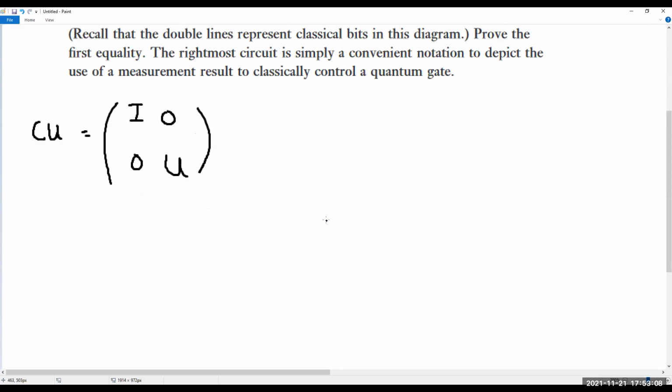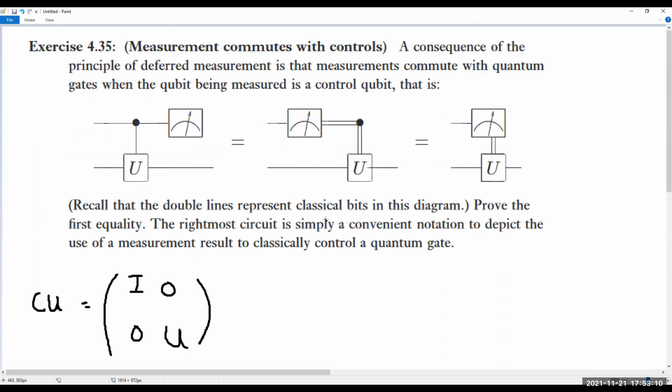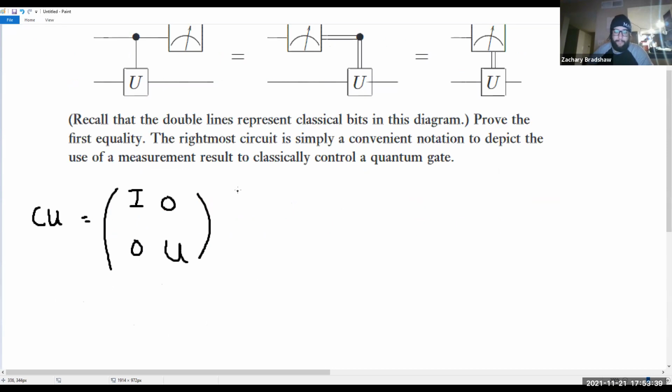That's a very slapdash way to do it, but it requires knowing how to write an arbitrary controlled unitary in terms of its action on individual qubits, which I feel is not the way Nielsen and Chuang wanted you to do it. I think, Roy, you have the right idea. You want to take this matrix and just apply it to some pair of qubits. Maybe just assume they're in a pure state for now.